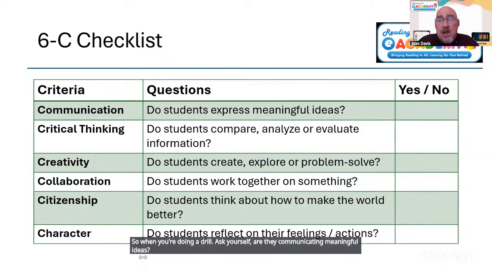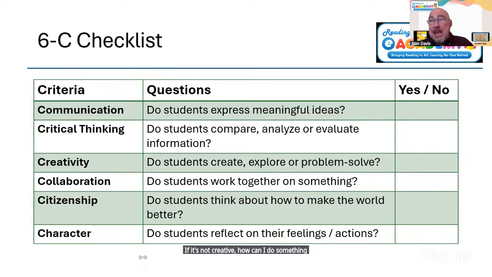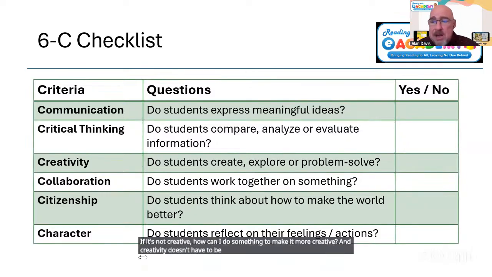If it's not meaningful, how can I make it meaningful? If it's not creative, how can I do something to make it more creative? And creativity doesn't have to be a huge 50-minute project, right? Just do a 5-minute creativity activity where they're rethinking the ending or answering a creative type question. So you don't have to change your whole lesson, just add a little bit onto it.